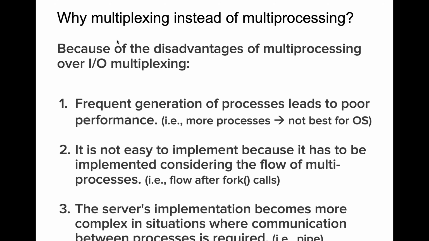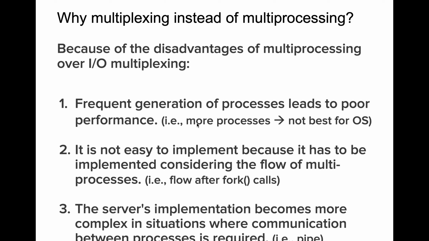So to answer the next question, why multiplexing? Why use multiplexing instead of multiprocessing? Because multiprocessing was working fine, right? But I/O multiplexing has several advantages over multiprocessing. So to say, multiprocessing has several disadvantages compared to I/O multiplexing. One disadvantage is that frequent generation of processes leads to poor performance.